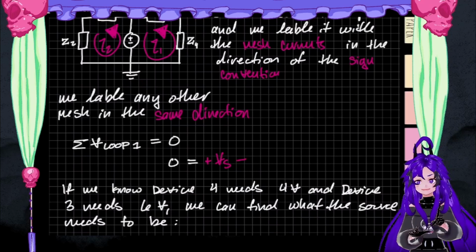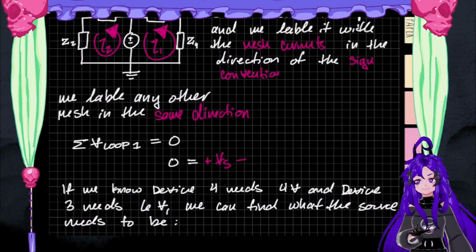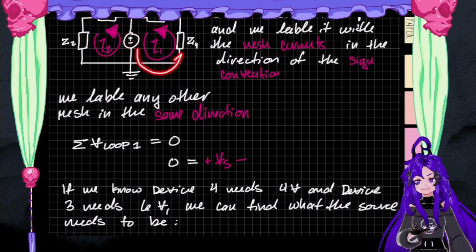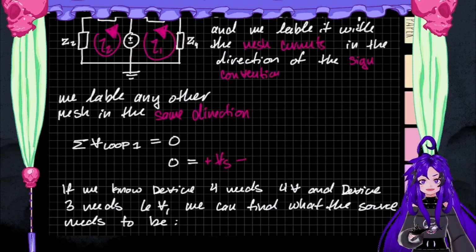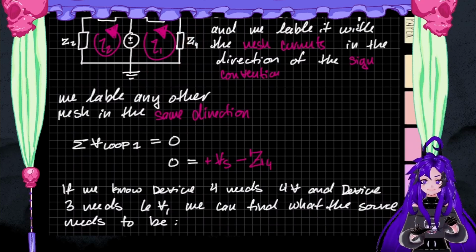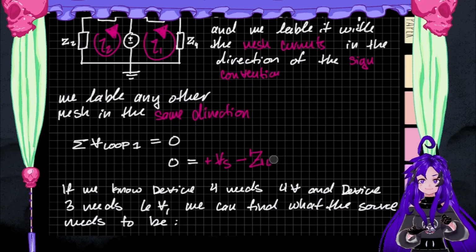And then we're going to follow this around. So again, we're into the source at the positive side. Then we follow it around into what we know is going to be the negative end of Z4. So minus Z4 times, because this is just a resistance, but let's not jump ahead.